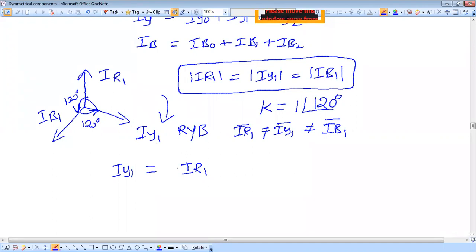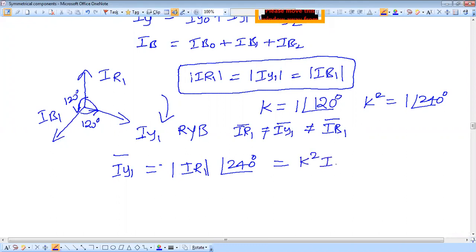Now we can write the magnitude of IR1 at an angle of 240 degrees. We know the K square value: K square equals 1 at an angle of 240 degrees, as we discussed in the last class. So the IY1 vector equals 1 at an angle of 240 degrees times IR1, which we can write as K square times the IR1 vector.